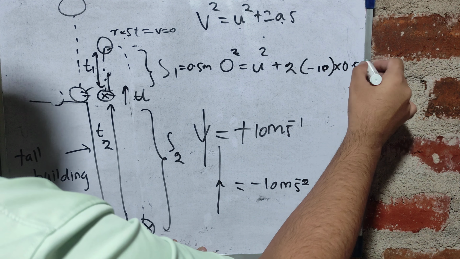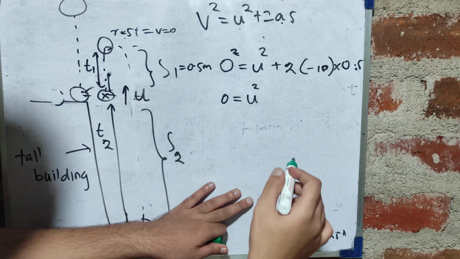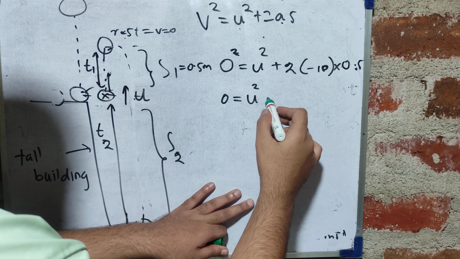So 0 squared is 0, u squared, plus into minus is minus, minus 2 into 10 into 0.5. 10 into 0.5 I can put as 5.